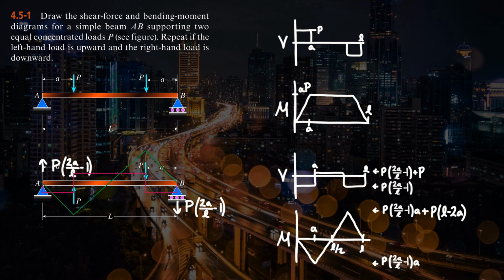If I look at my diagram on the left, I went up by a P, and my P is going across a distance of L minus 2a. So that's the new height of my diagram here. And you just add them together, simplify it, and that's going to be your height. And then, of course, it ends up at 0.